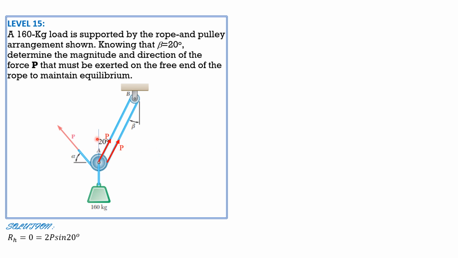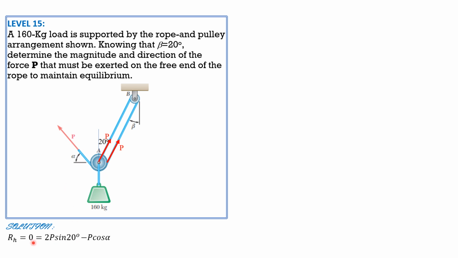So 2P sine of 20 degrees, opposite of 20 degrees. Then if this is the first possibility of the other end of the rope or cable, then the component is negative P cosine of alpha. So even if it is inclined downward through the same angle, it is still minus P cosine alpha.